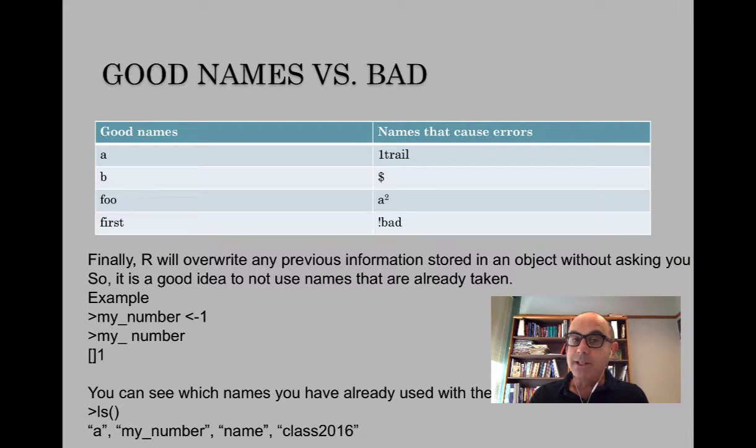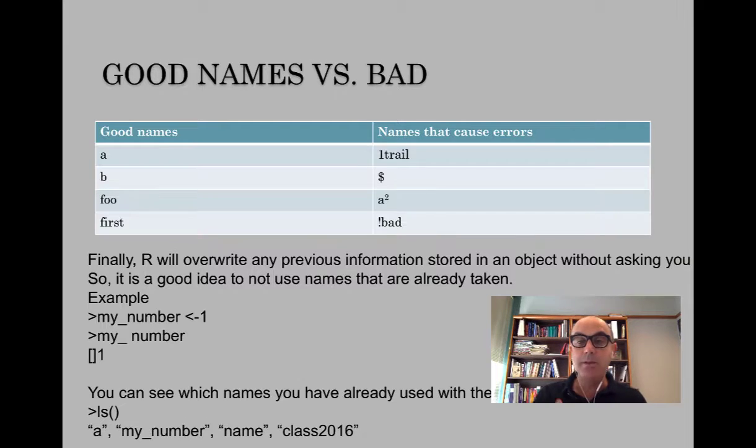So there are good names and bad names in R. Good names are A, B, or first. Bad names are when you use numerical and text together, for example the dollar sign, a square, or a hashtag.